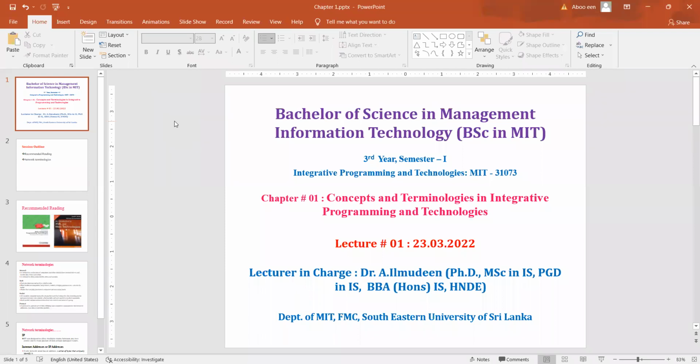Connection between two or more devices. Okay, great.